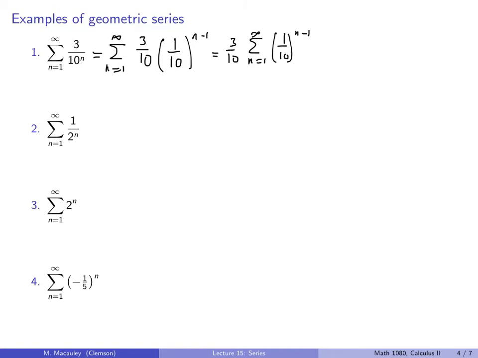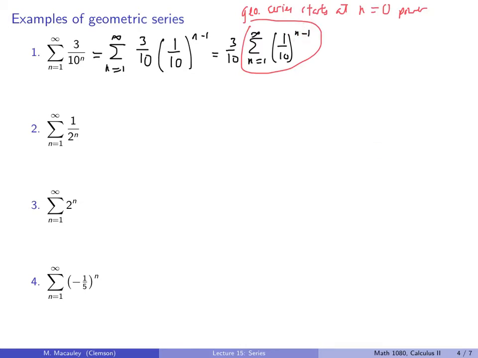Now this thing here is a geometric series, and it starts at the n equals 0 power. So I always check and say, look, the lowest power of 1/10 is going to be 0.